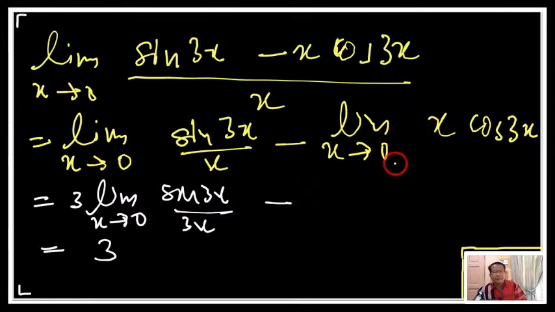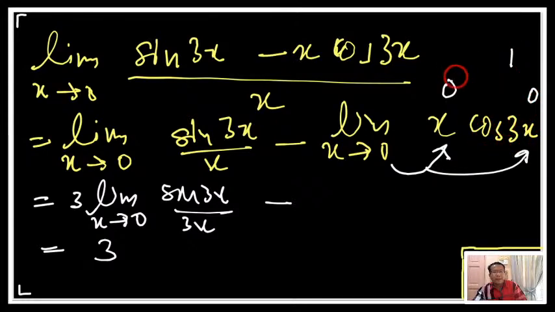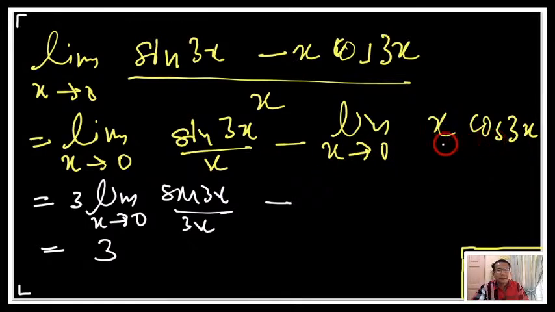Okay. This one, don't worry. First, we substitute into here. You get 0. It's okay. Substitute into here, you get 0. Cos 0 is 1. 1 times 0 is 0. Sorry, I forgot x here.